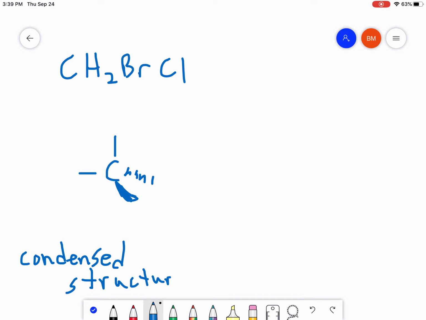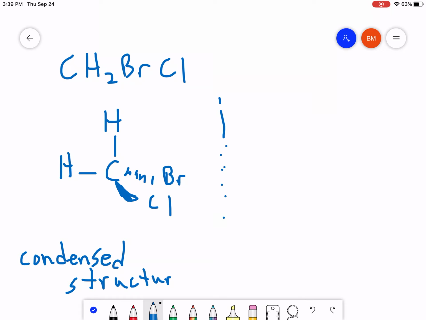Okay? And then we can put our atoms on the bonds. In this first representation, it actually does not matter where you put them. We can make it entirely arbitrary for the first one anyway. I'm just going to put the H's over here. I'll put the Br over here, and I'll put the Cl over here.